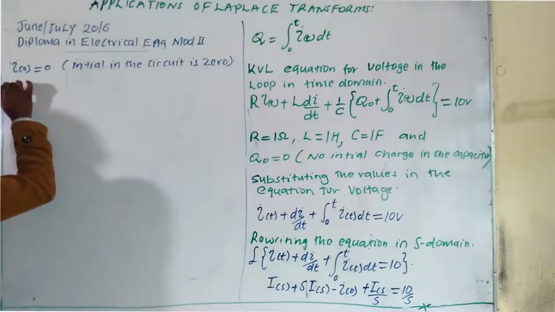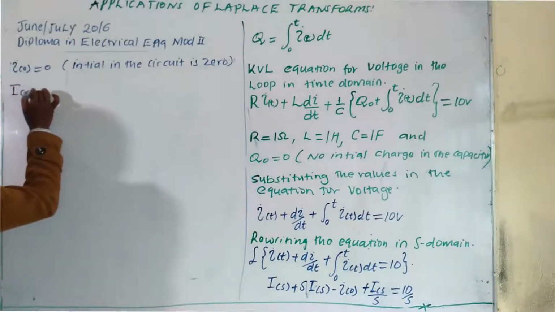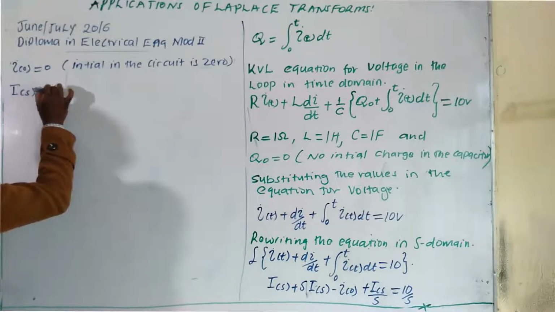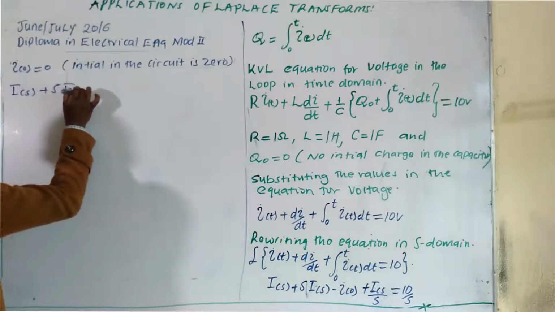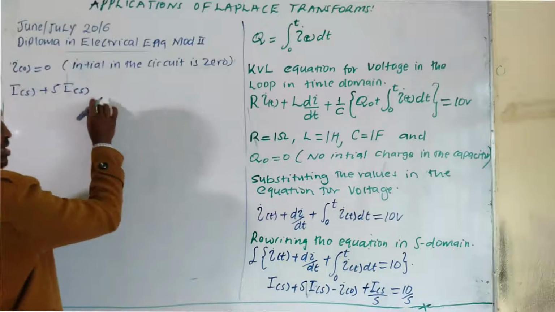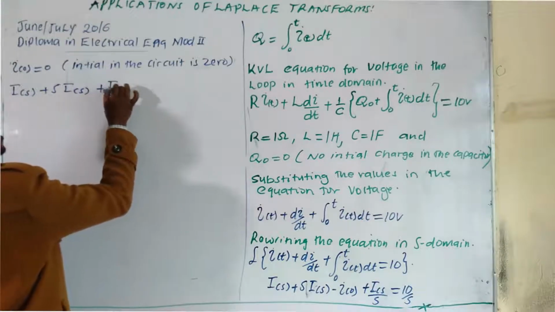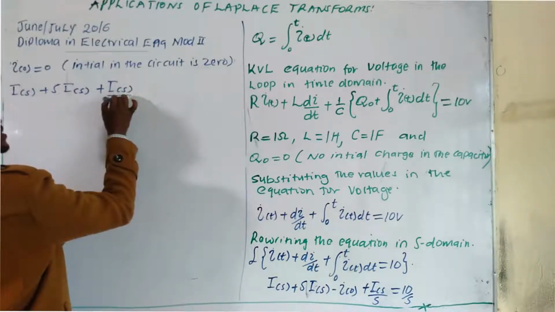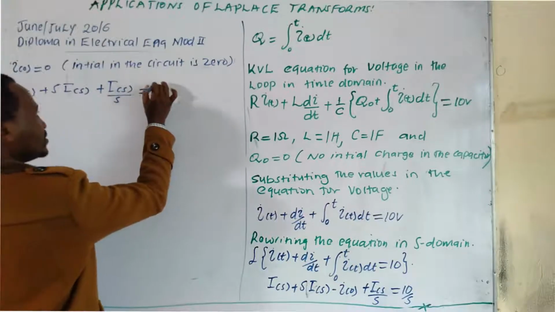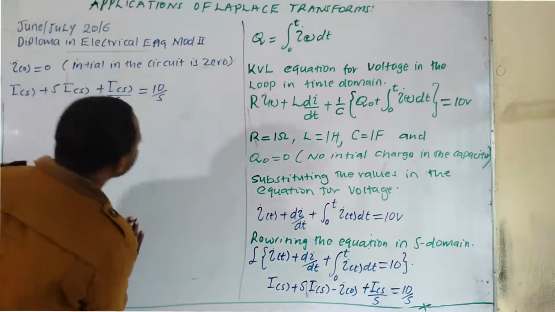You have I(s) plus s I(s) plus I(s) over s is equal to 10 over s.